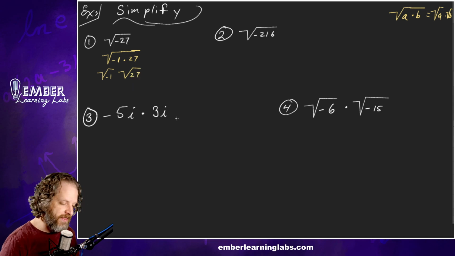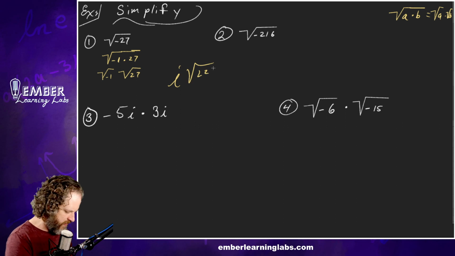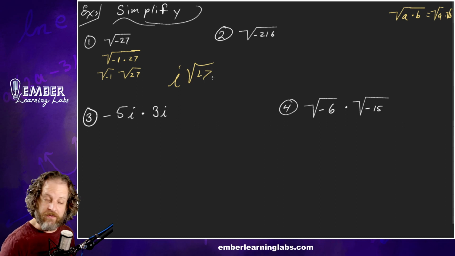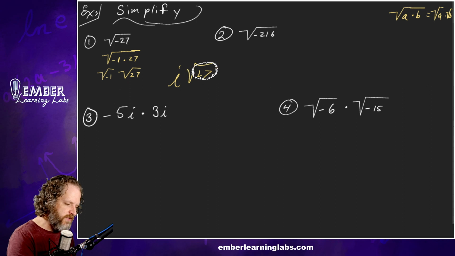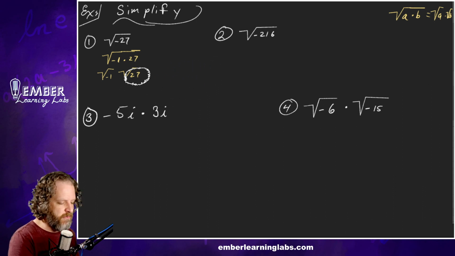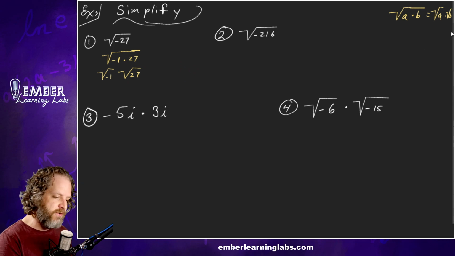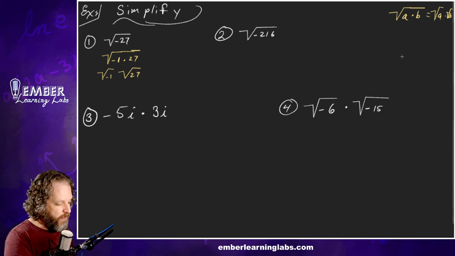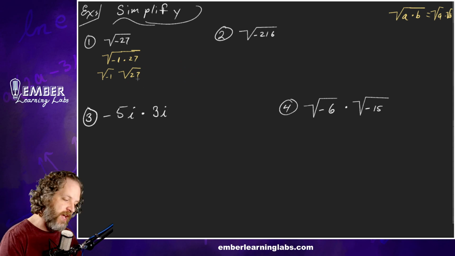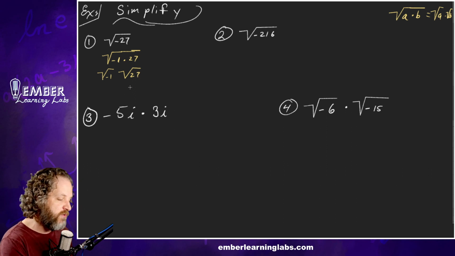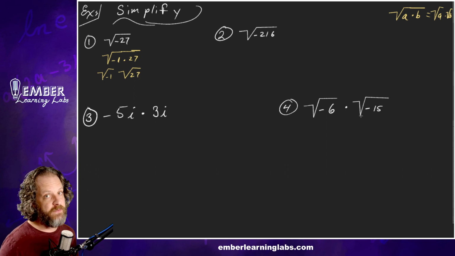Now, you might think that the answer to this would be i times the square root of 27, but we can actually simplify it even further, right? You may or may not remember how to simplify a radical. We can use this same property again, and try to find a perfect square that goes into 27. So what are the perfect squares?